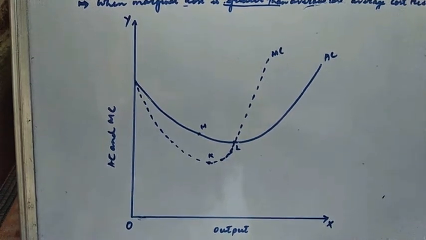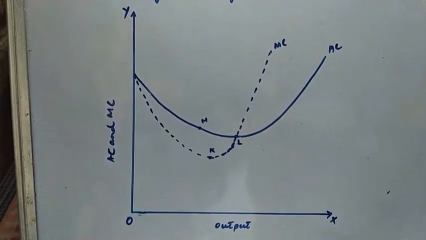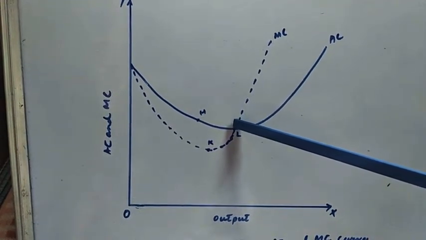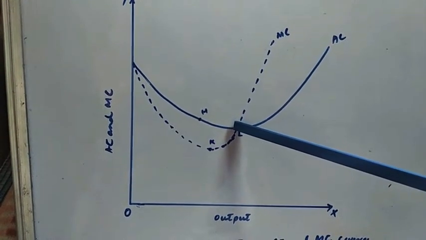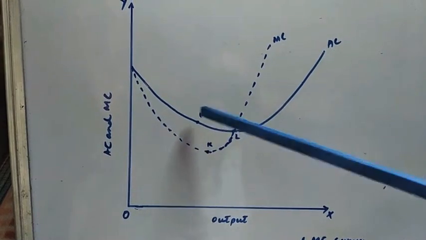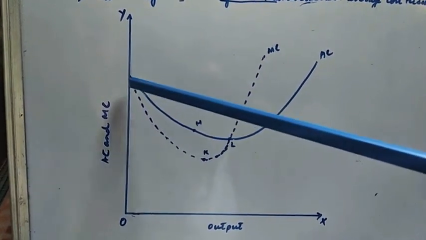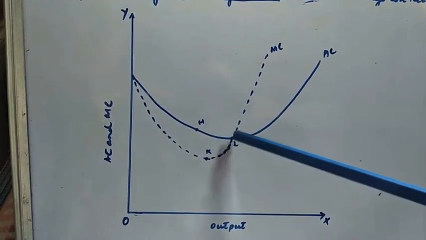So in simple words, when average cost is falling, we cannot say that marginal cost will be falling too. We cannot simply generalize that this MC curve will also fall.